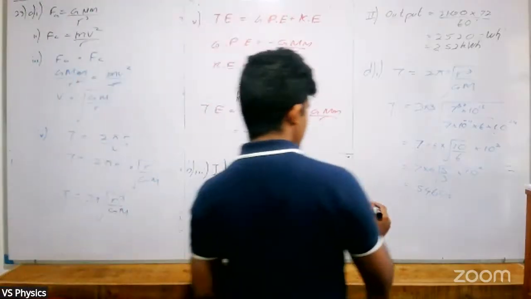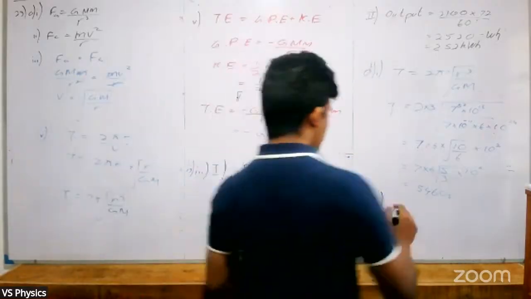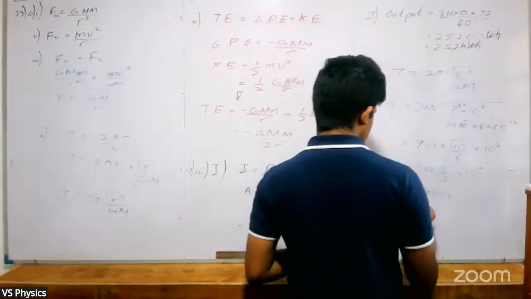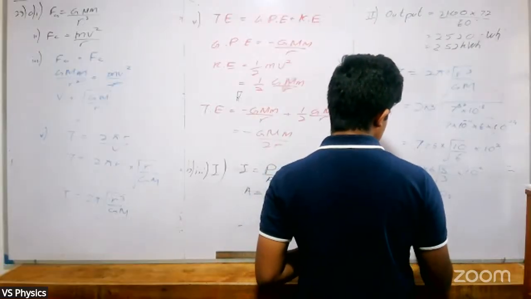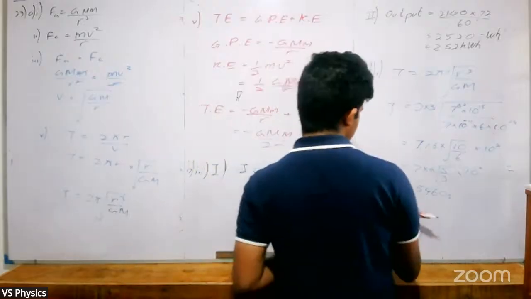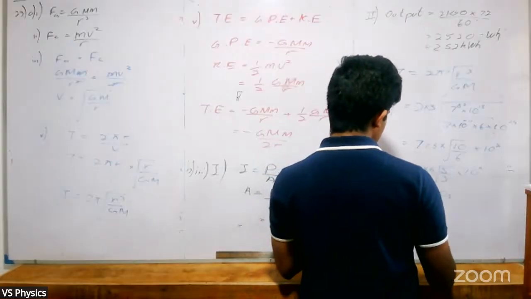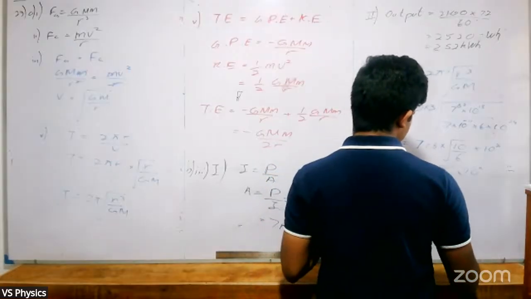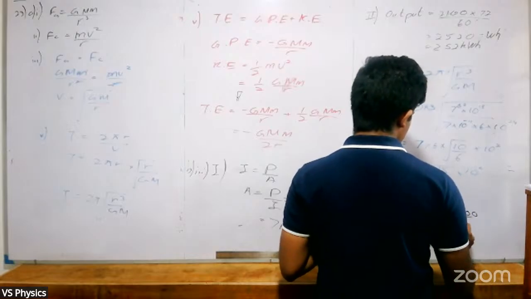We can write 24 hours, 5,460. Actually, that's also wrong. Revolutions will be equal to total time divided by 5,460.